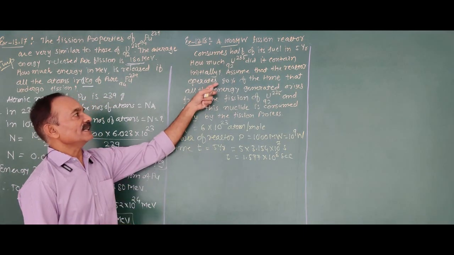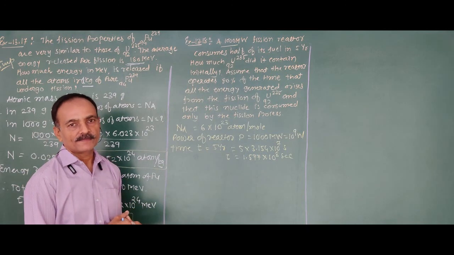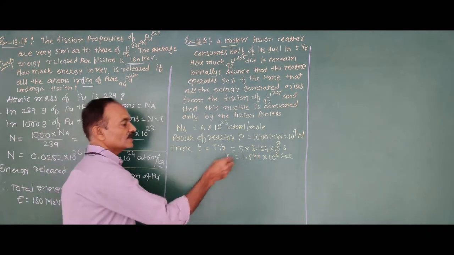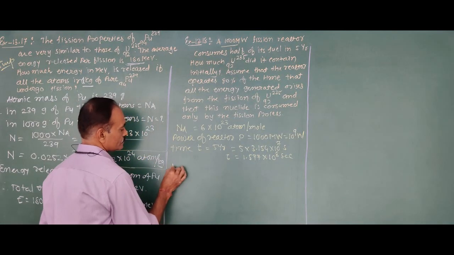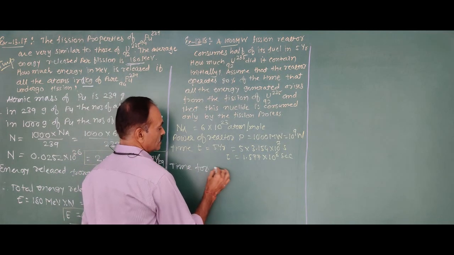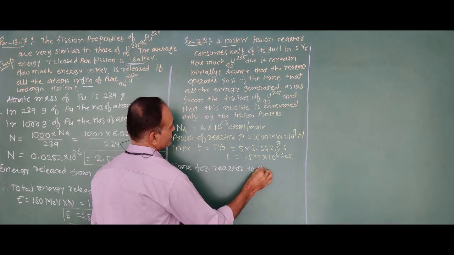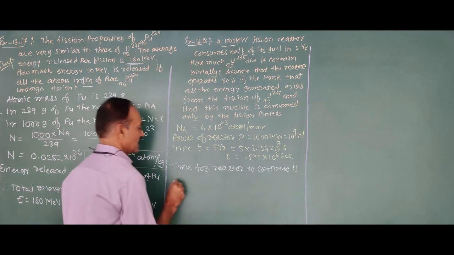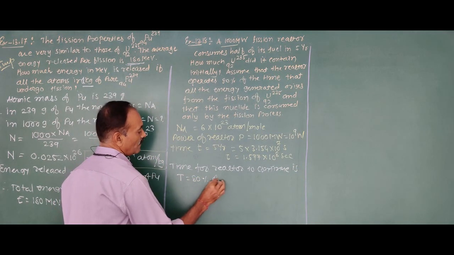Now the reactor is on only for 80% of that time. Therefore, the time for the reactor to continue is, capital T is equal to 80% of small t.